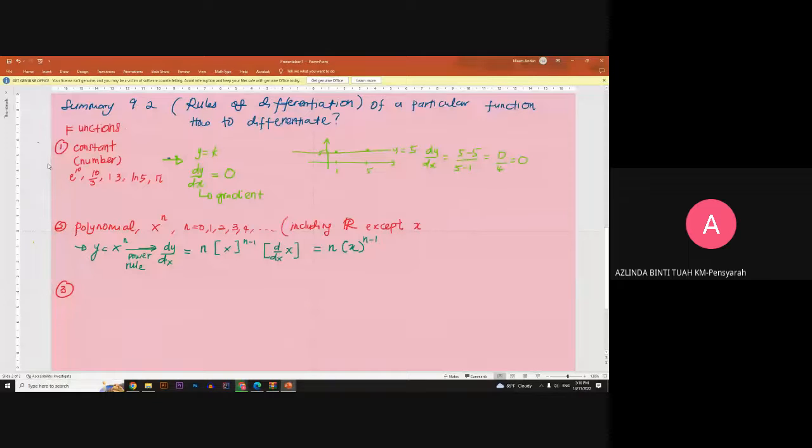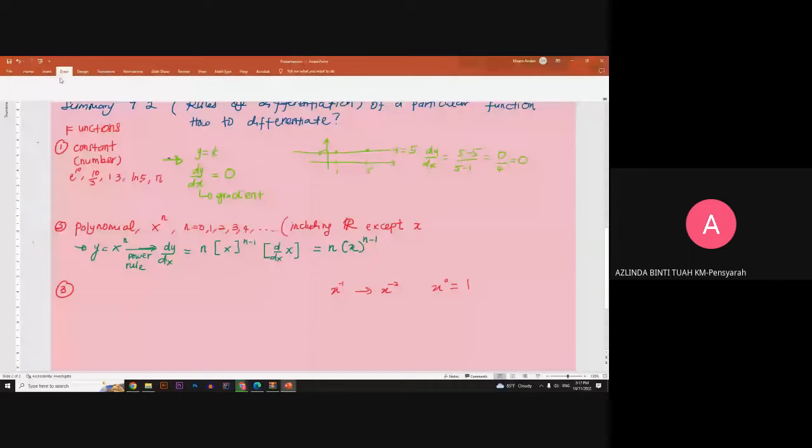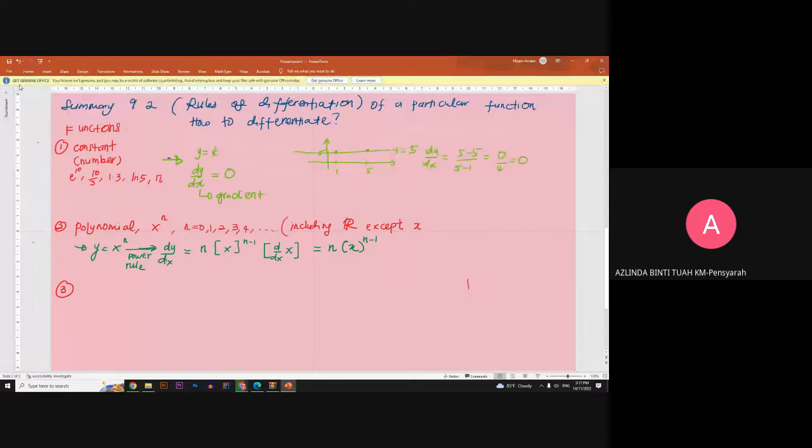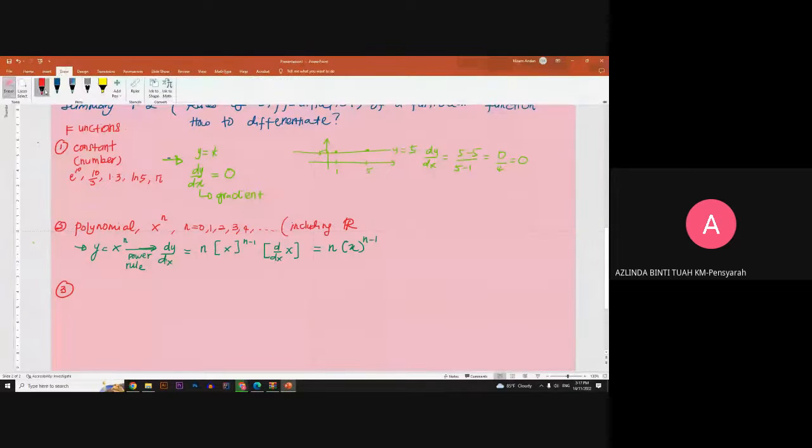Is it? Bukan. X 1 over x. Ada tak restriction? Can we differentiate x power of negative? Kalau dia power of negative, dia boleh jadi x power of negative 2. X power of 0, it is a constant. So tak ada except. Dia boleh acceptable semua nilai R kita boleh differentiate. Dia not restricted pada positive integer sajalah.